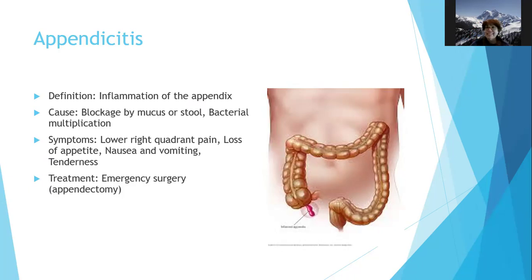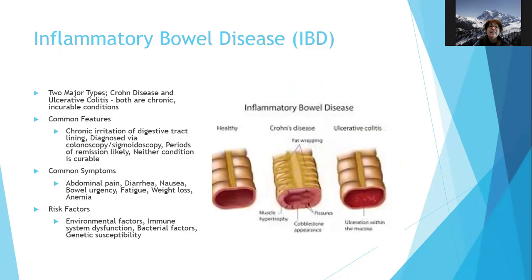So hopefully, hopefully not. Inflammatory bowel disease is an umbrella term for several different disorders. There are two major types, Crohn's disease, and now they took away all my apostrophe S's, even though you'll still see it a lot of places, and they call it Crohn disease. And ulcerative colitis.